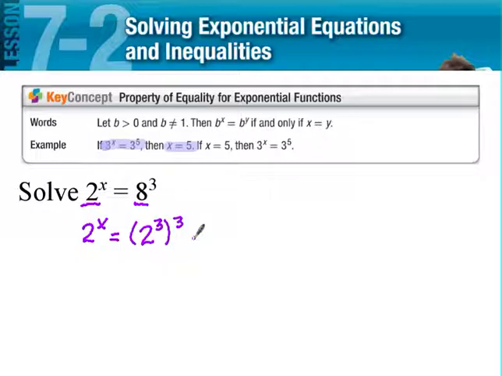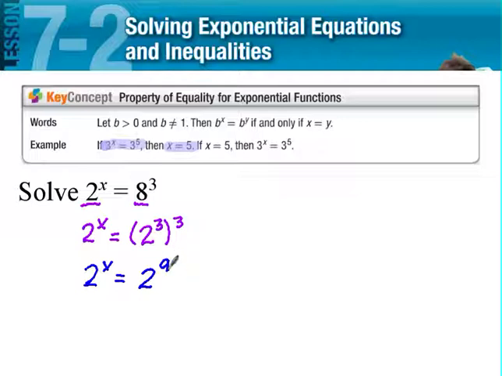Now, on the right side, I can simplify even more because if I have a 3 inside and a 3 outside, what do we do with those two 3's? Multiply them. So it's 2 to what power? The 9th.